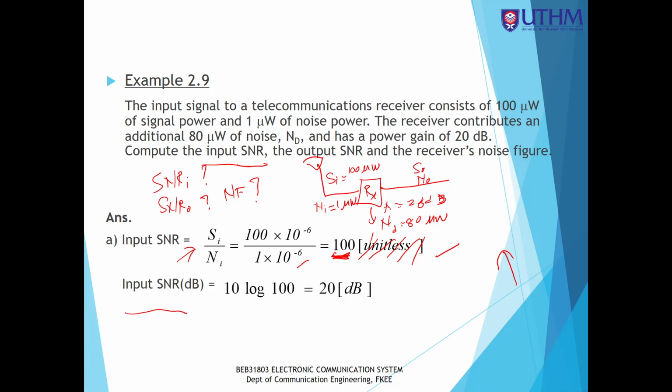So unless the question specifically give you the input SNR in decibel, that means you have to write until here 20 decibel. So 10 log 100, you're gonna get 20 decibel.